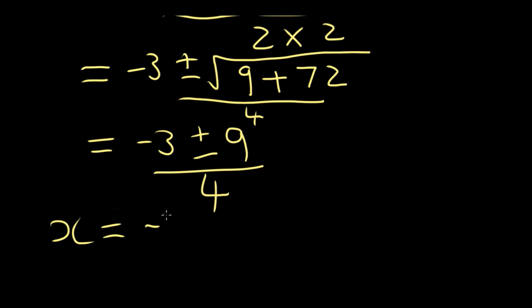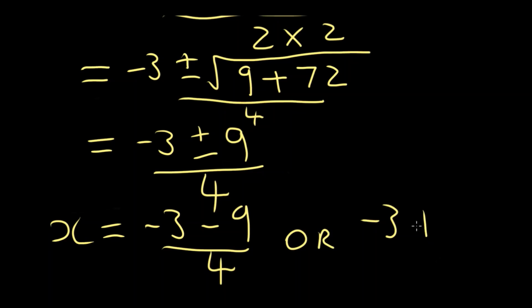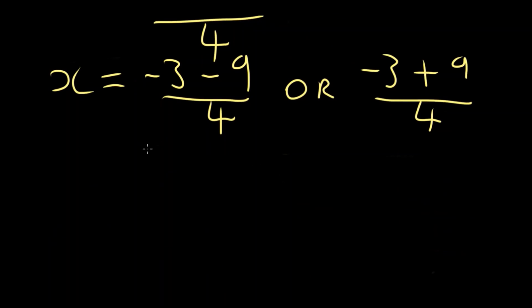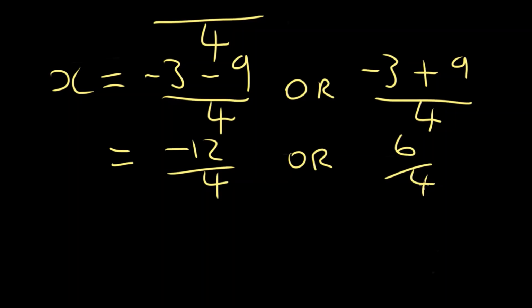So it'll be minus 3 minus 9 over 4, or minus 3 plus 9 over 4, which will equal minus 3 minus 9 is minus 12 over 4, or minus 3 plus 9 is 6 over 4.